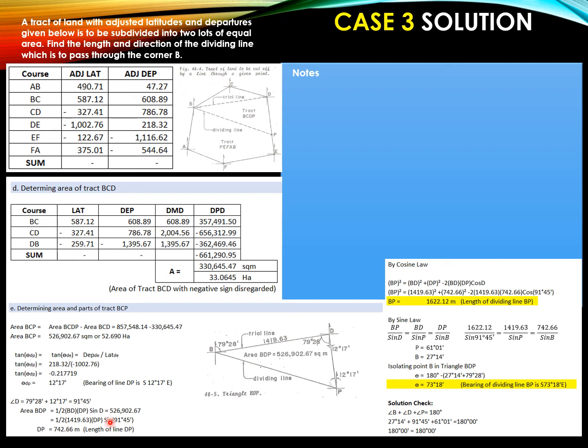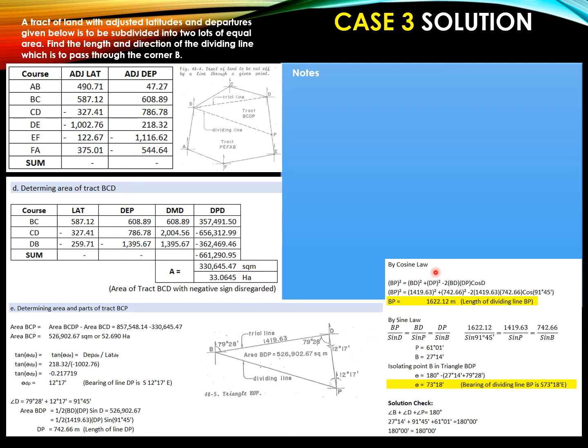The theta I used is the sum, this angle D. Then I just substituted BD and DP, so we got 742.66 meters as the length of line DP.